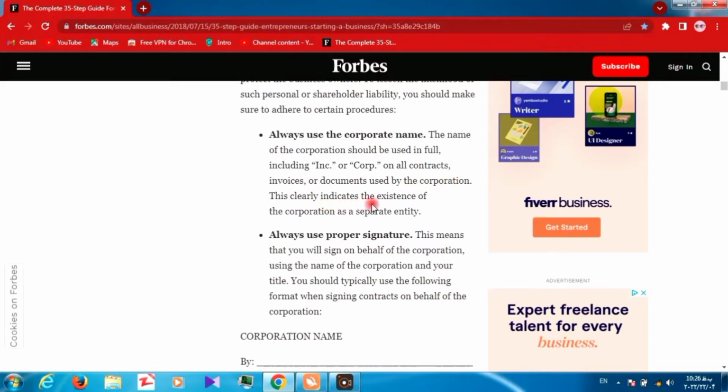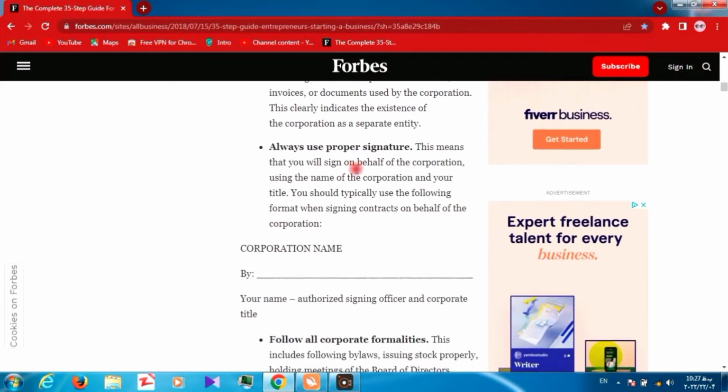This clearly indicates the existence of the corporation as a separate entity. So mentioning and using the name of the business, company, or corporation is vitally important and should be considered in all contracts, invoices, and documents, because it will give you eligibility for business.